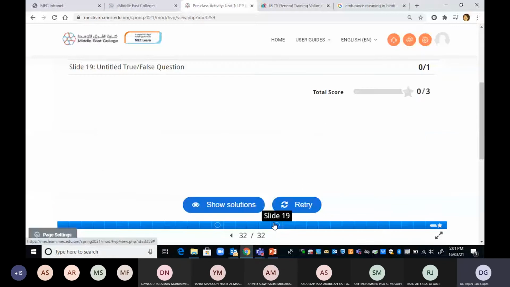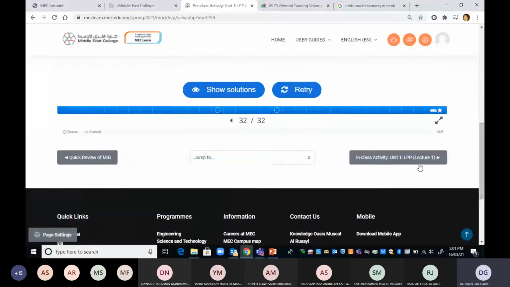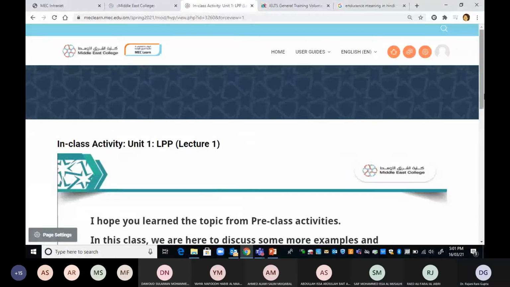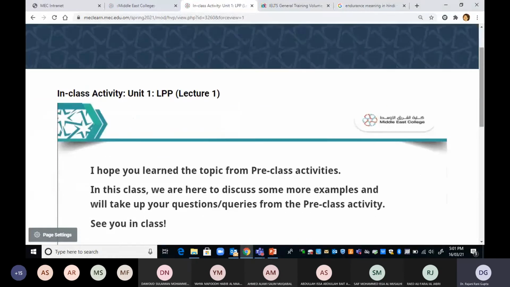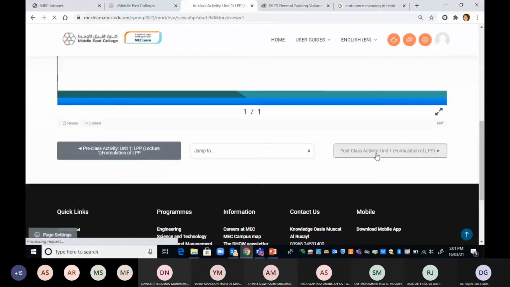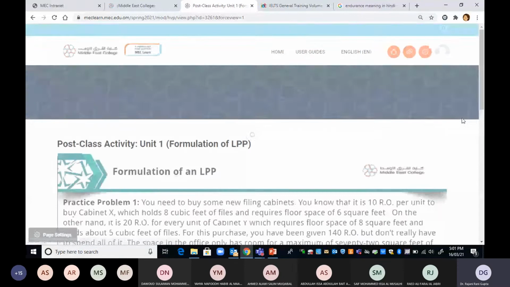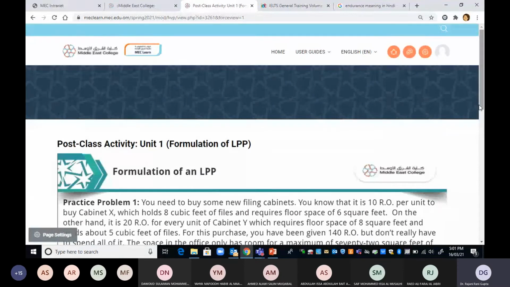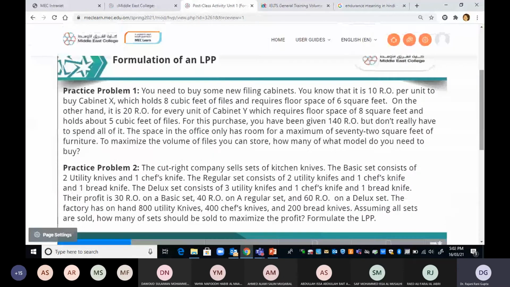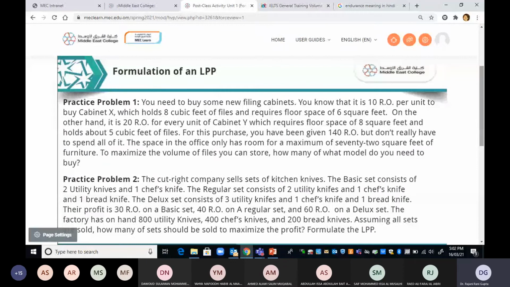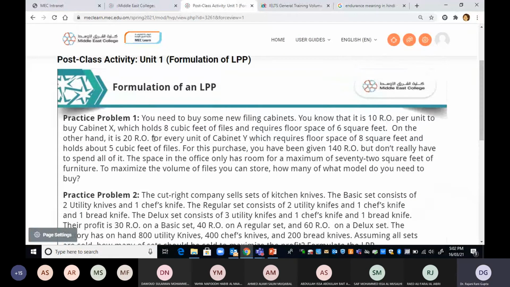Let's go to the post class. Let's try to work on question number 1, practice problem 1. Can you read it? Are you able to read it? Then I want you to make a table for this.